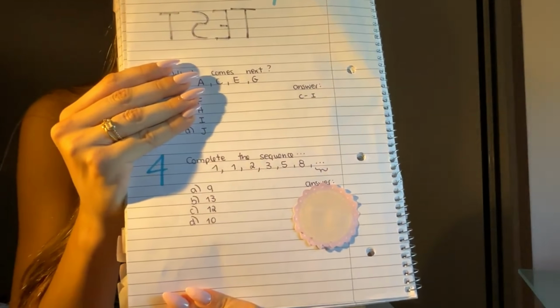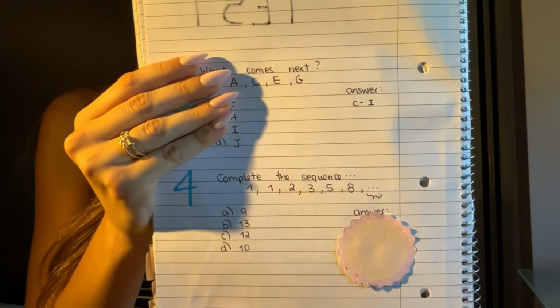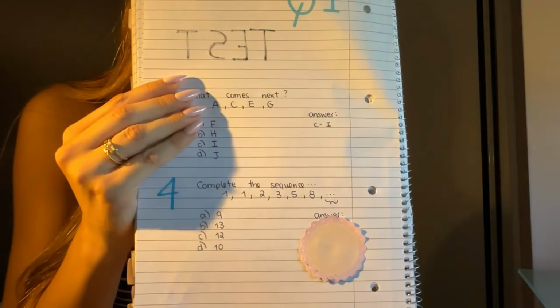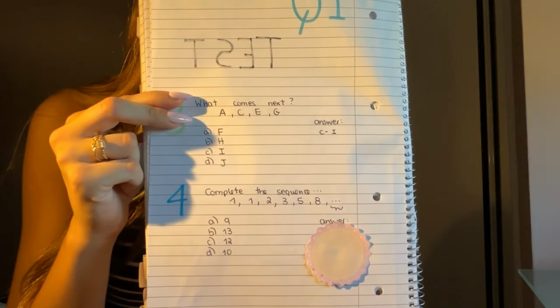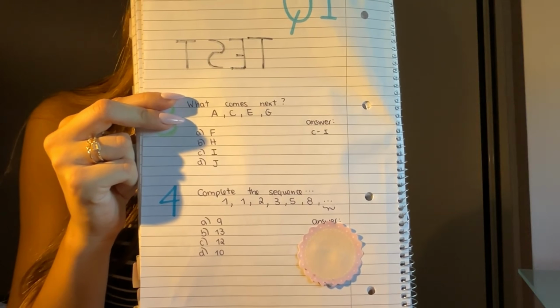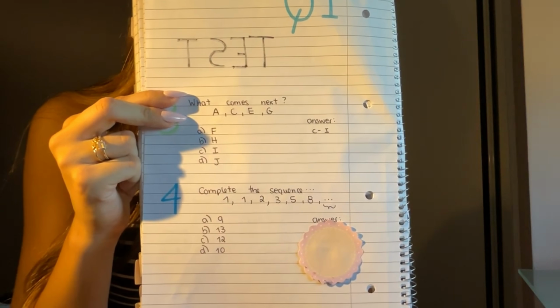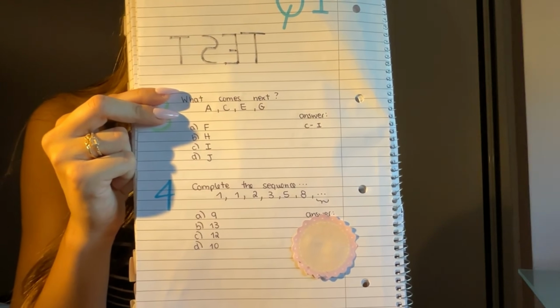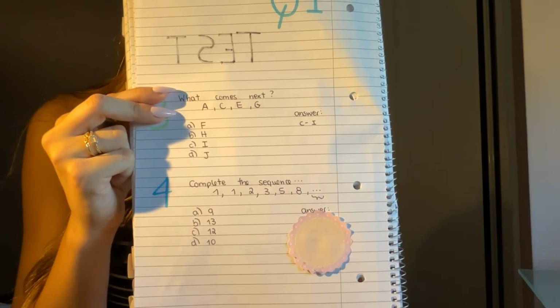About this one. We have 1, 1 again, 2, 3, 5, and 8. What number should come next? 9, 13, 12, or 10?